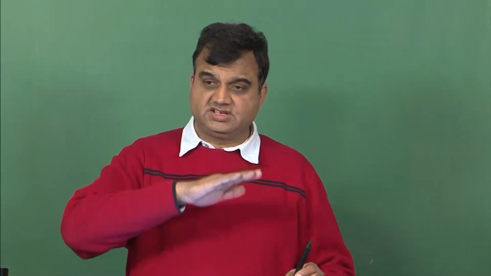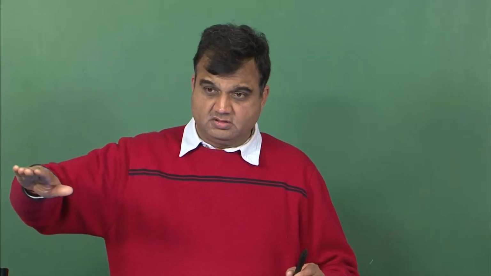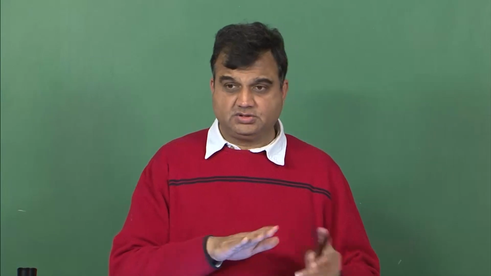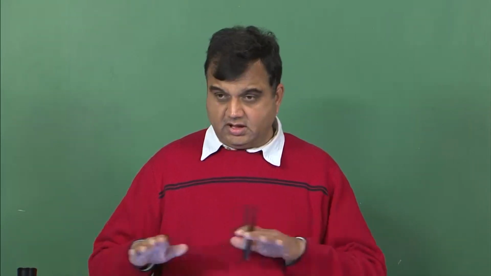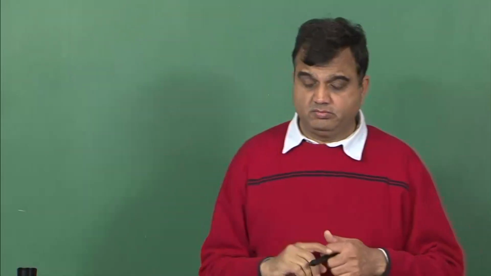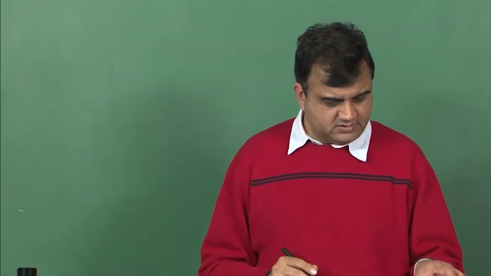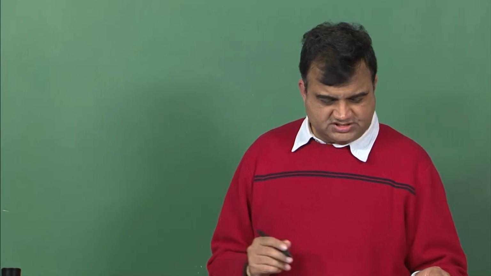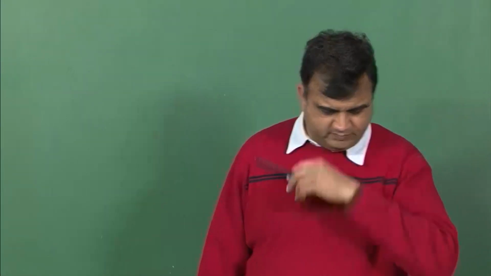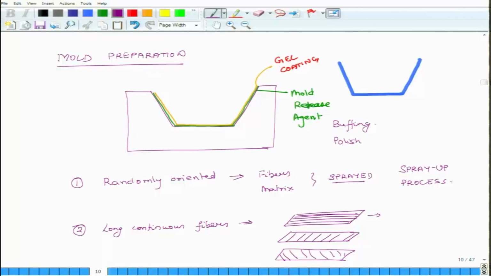Then you place the second layer of fibers, and then again you put matrix, again you roll it so that wetting is proper, air is removed, and layer by layer you build up the whole thing. Okay. So this is the second way of doing this. Let us look at two pictures which explain this process further.